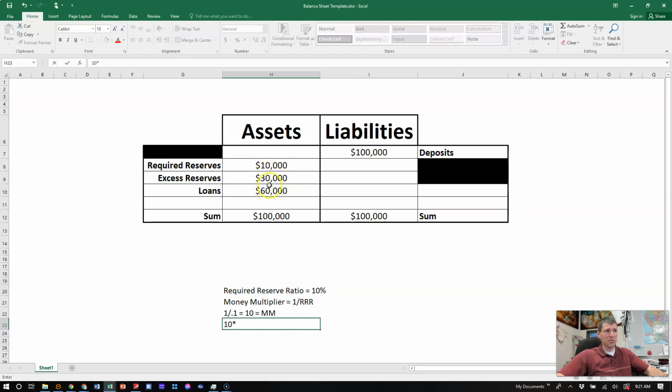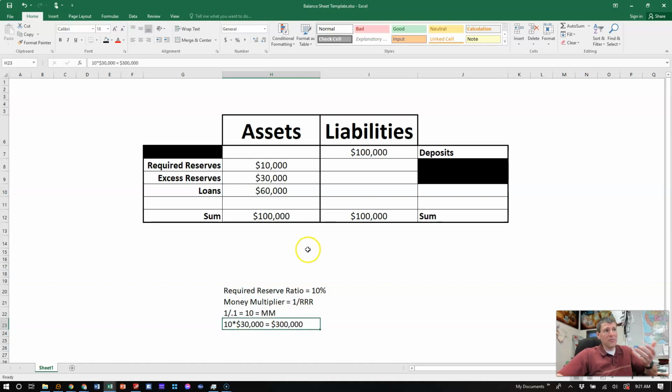The beginning excess reserves amount we're dealing with is 30,000. So you do times 30,000, and we get 300,000. So the answer to our question, by how much could the money supply increase by, based upon the bank's current balance sheet, the answer would be a maximum amount of $300,000. All right.